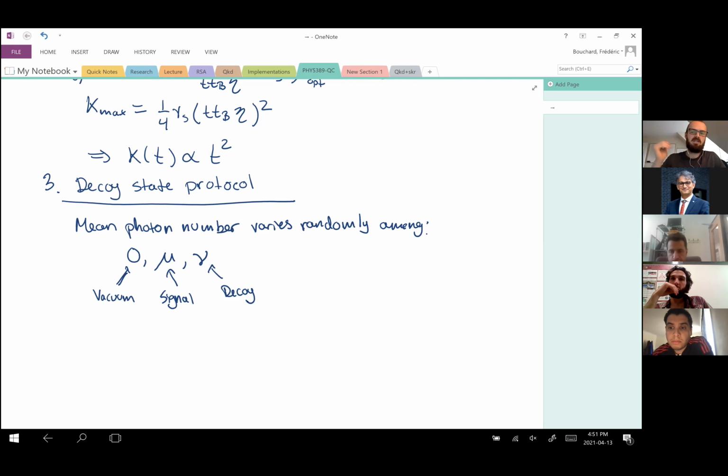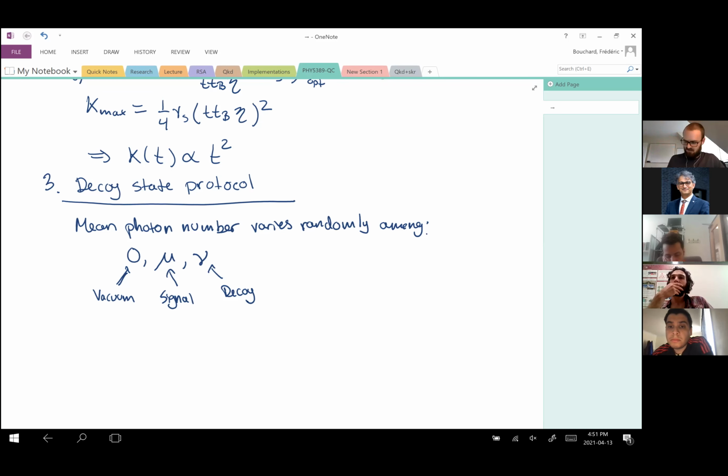So that's a way to keep track of what's going on in terms of the number splitting attack. That's the conceptual way to understand a decoy state. The math gets a bit nasty, but basically by randomly changing your mean photon number, you're giving a hard time to Eve to keep track of what's going on.